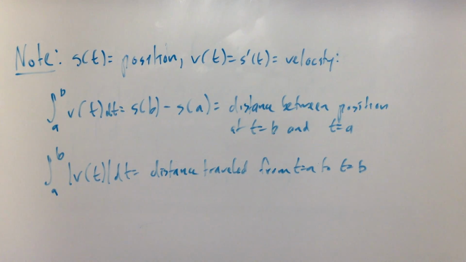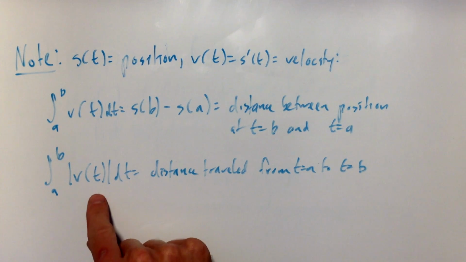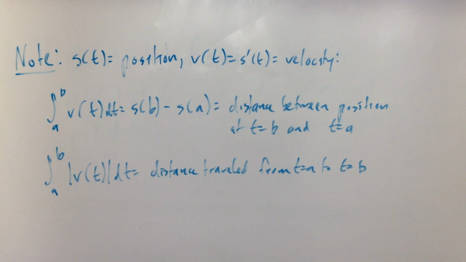If you wanted to get the distance that you traveled from time equal a to time equal b, you would need to take the integral from a to b of the absolute value of the velocity. That will give you the distance traveled.